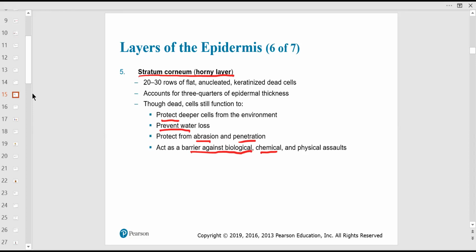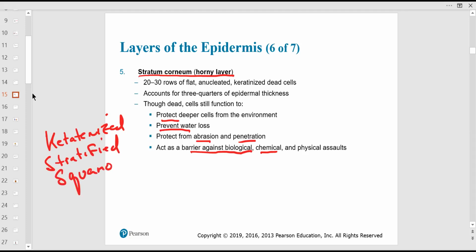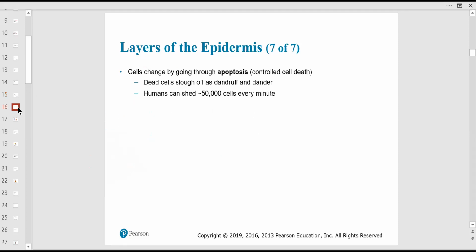So this is a classic keratinized stratified squamous epithelium. So the epidermis is all epithelium. That's easy to remember.